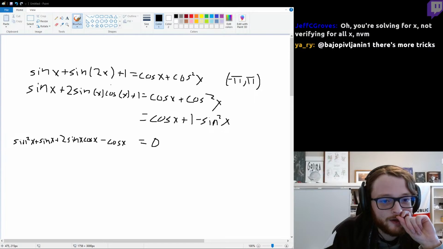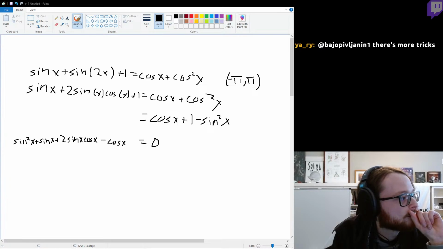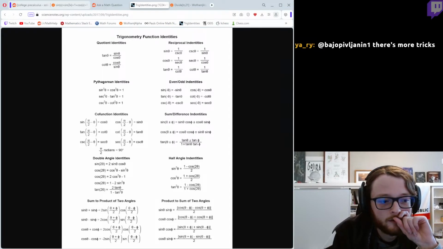All right, could we try something completely off the wall? Can we say that sine 2x is the result of an addition identity with x plus x? Where would that land us? I'm looking at my formula sheet right now.